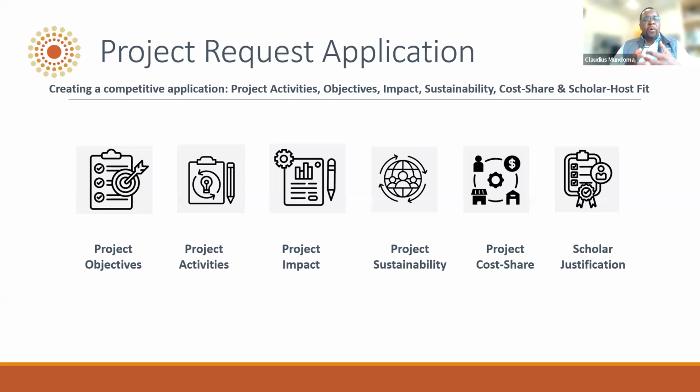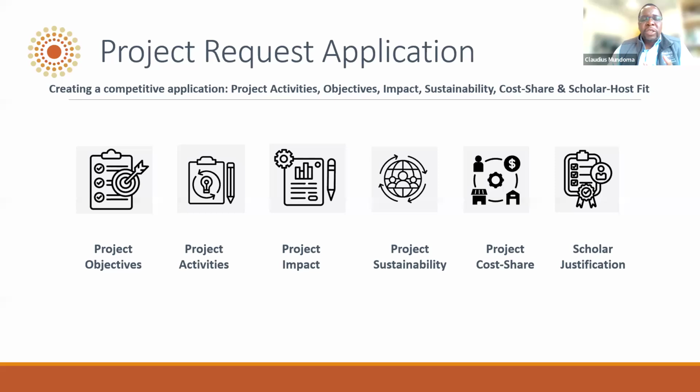So we are looking for more transformational impact from this investment, and beyond that, is this sustainable? Can this be replicated even in the absence of the scholar? Can the institution carry on without the scholar? Can the scholar benefit in a way that is also sustainable? And is the cost share demonstrated?